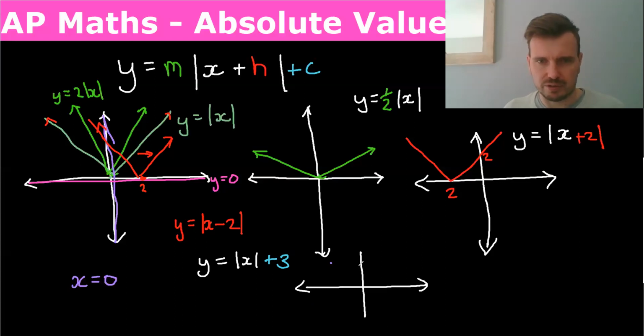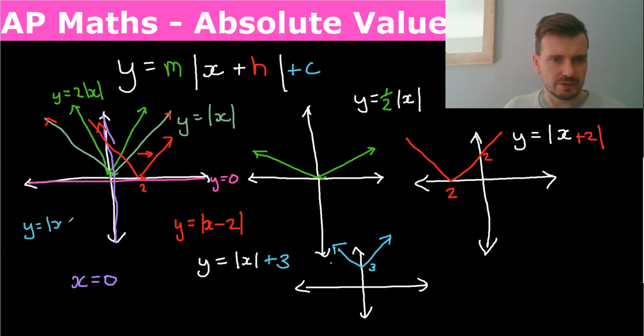Not always, no. So this would then be shifted up by 3. And so if we had, say, y equals x minus 2, that shifts it down.